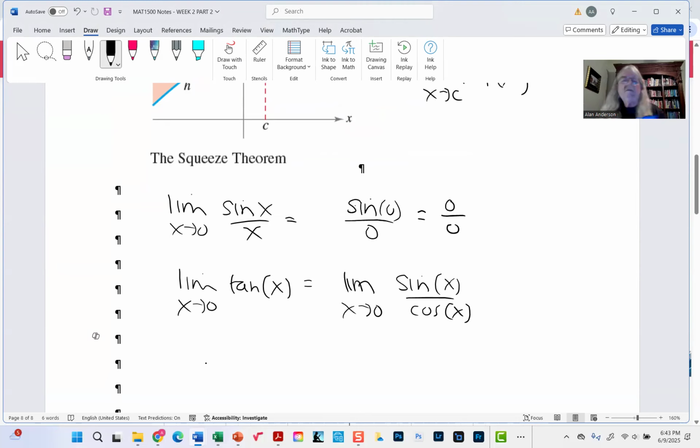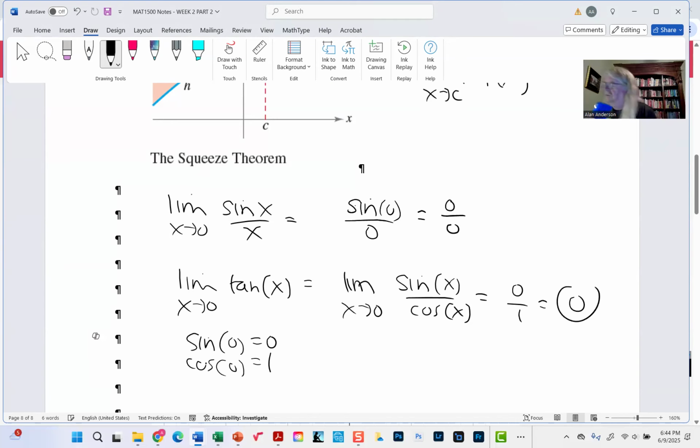Okay, now the sine of 0, let me just confirm this in the old calculator. Sine of 0 is 0. But the cosine of 0 is not 0. I don't think it's 1. That's what I thought. Okay. So direct substitution leaves us with 0.